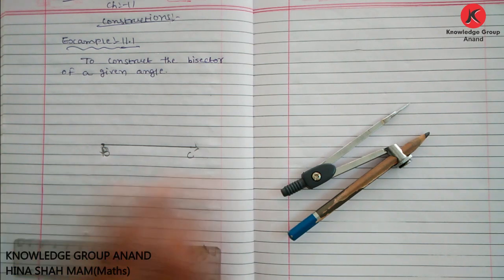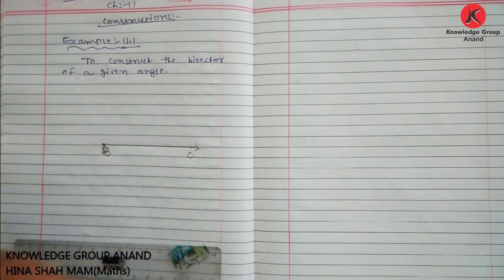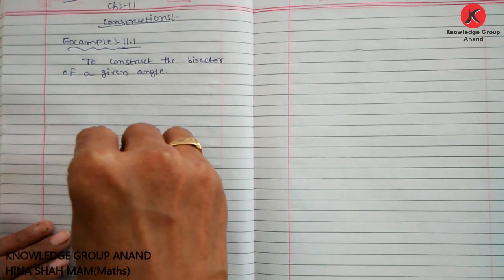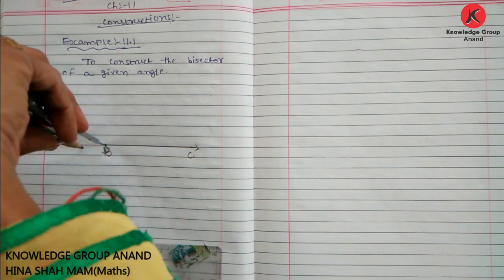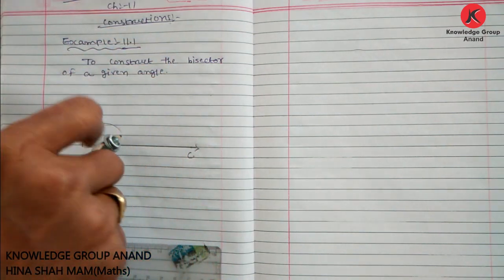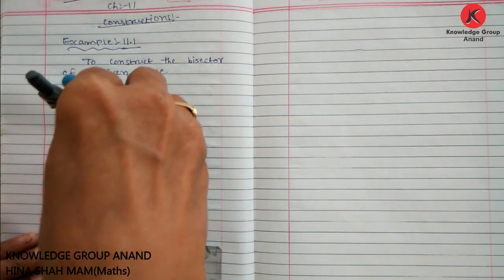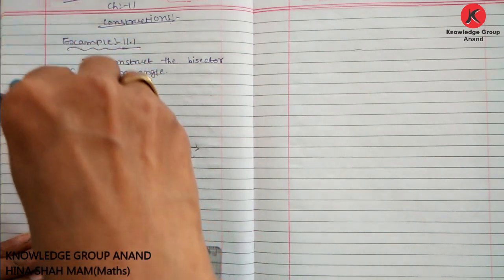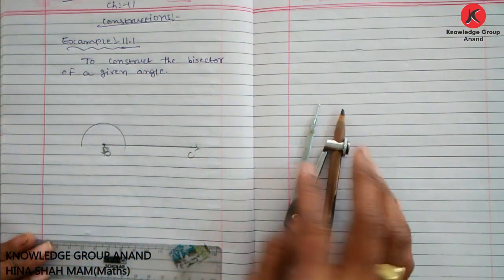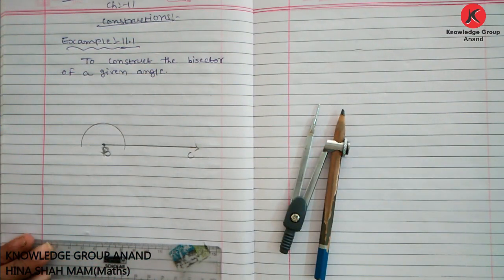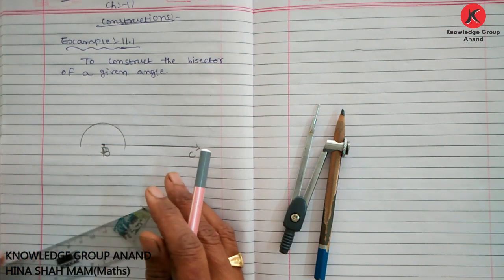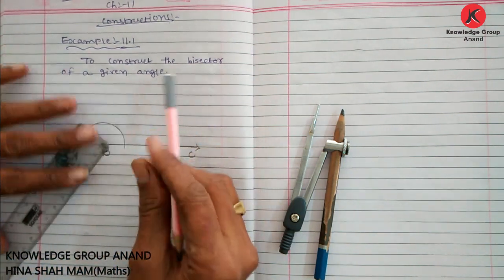Now taking B as center and any radius, an arc like this to intersect the ray. We draw an angle, construct the bisector of the given angle.